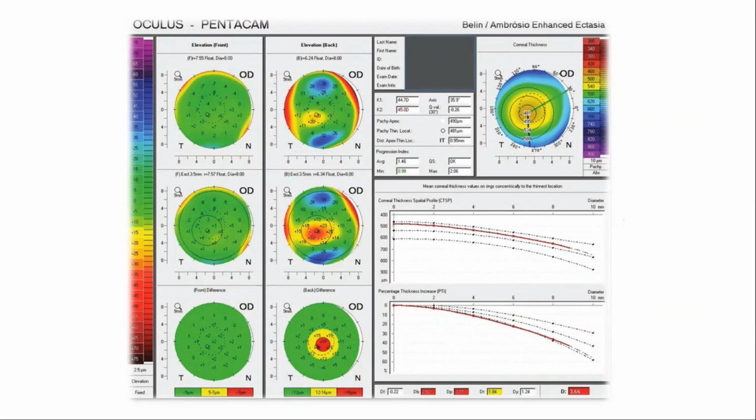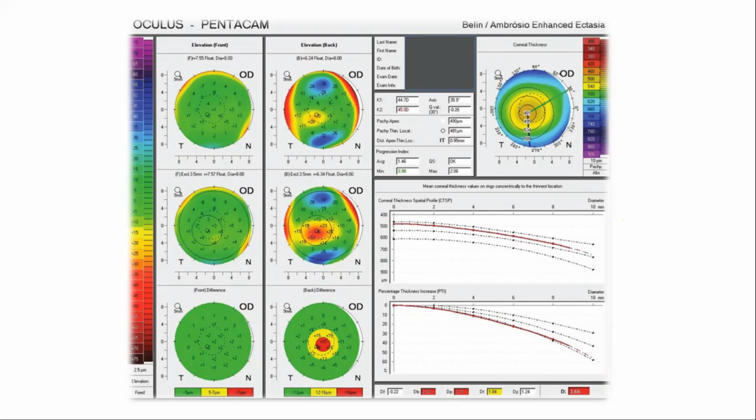They are represented on three color scales, showing the amount of elevation change that occurs when moving from the baseline elevation map to the exclusion map. When you see green on the difference map, it represents an elevation of less than 6 microns on the front surface or less than 8 microns on the back surface of the cornea, to the left and the right respectively.